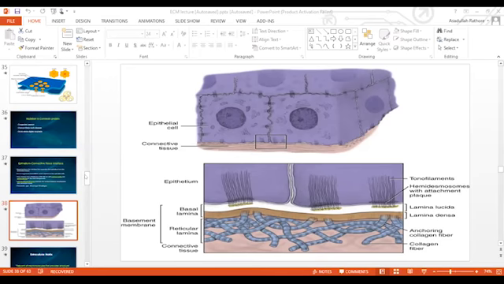And it also causes the atrophy of your muscles. That is the degeneration of the muscles of your body. So this is what it is all about.